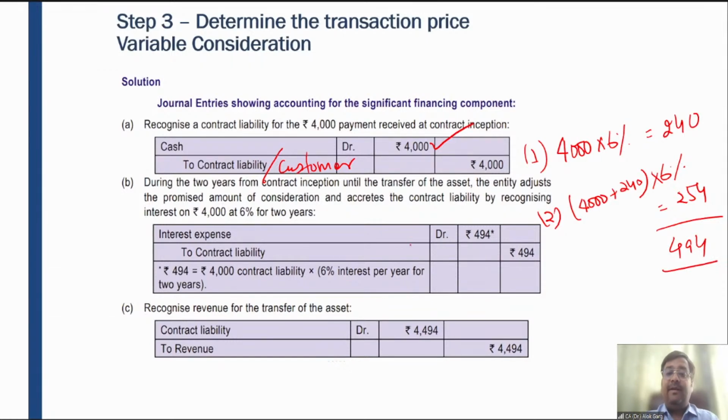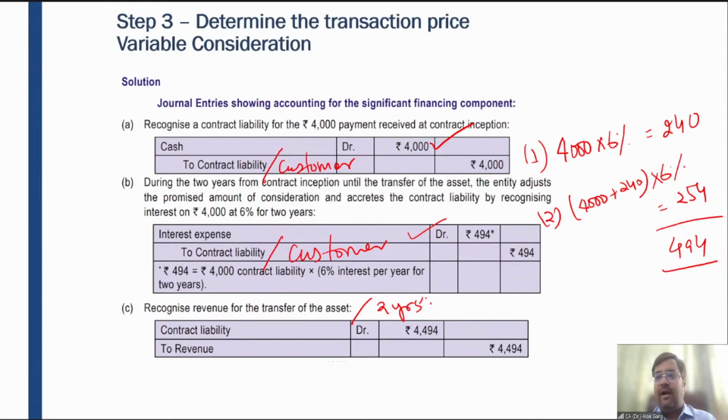So the entity will debit interest cost, because it is an advance case. Entity will debit interest cost 494 to contract liability or to customer. Right? Interest expense debit to contract liability or to customer by 494. So after 2 years, at the time of transferring goods and services, what will be the accounting entry?